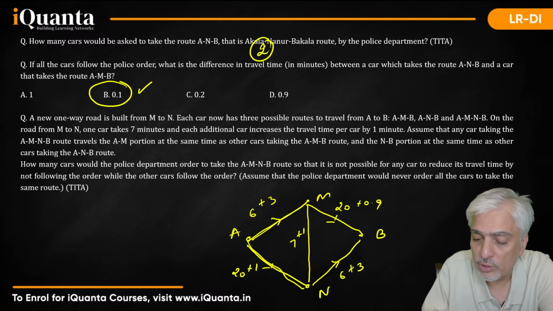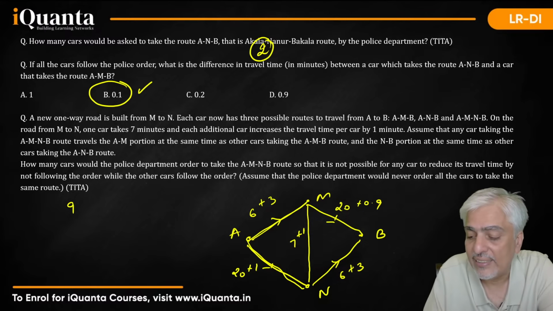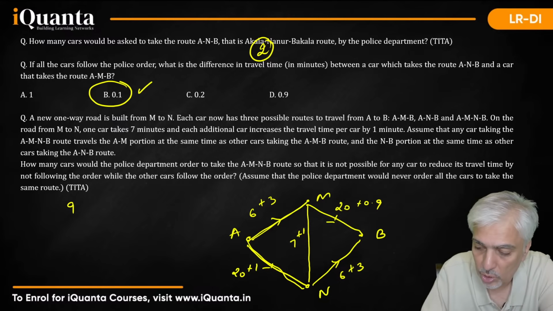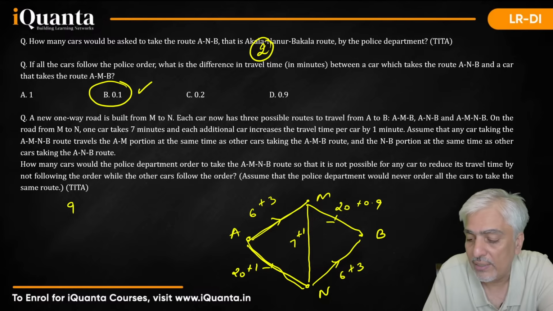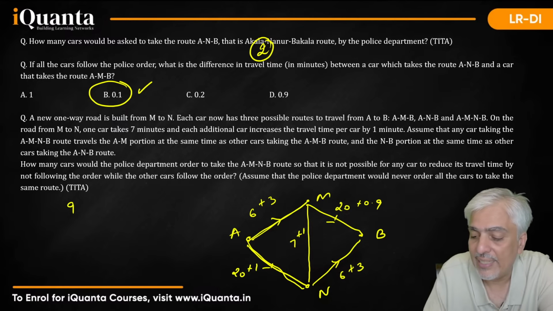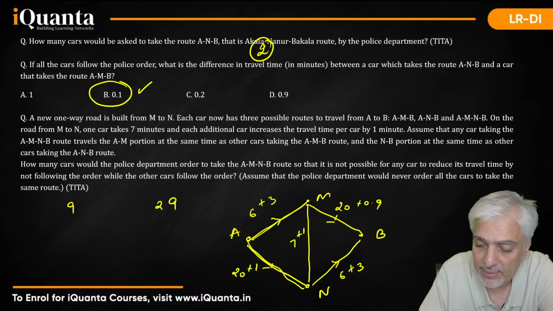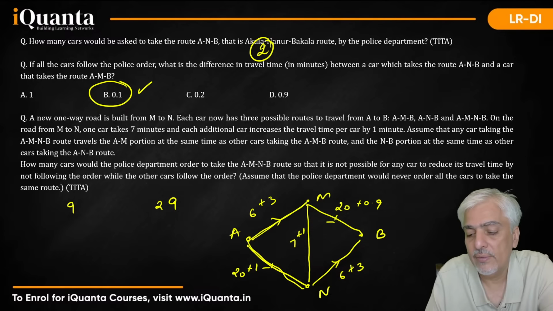AM has 2, so 9 minutes, and 9 for AN also. So AN will take the same time, 29 minutes for A and B, because that can't go to M. So they will take 29 minutes, that is 20 plus 1, 21 plus 9, 29 minutes. Okay.